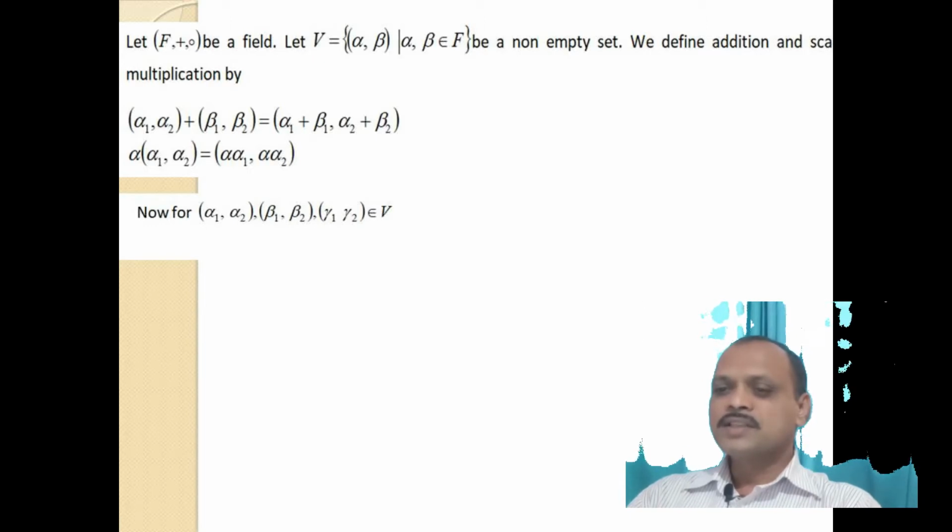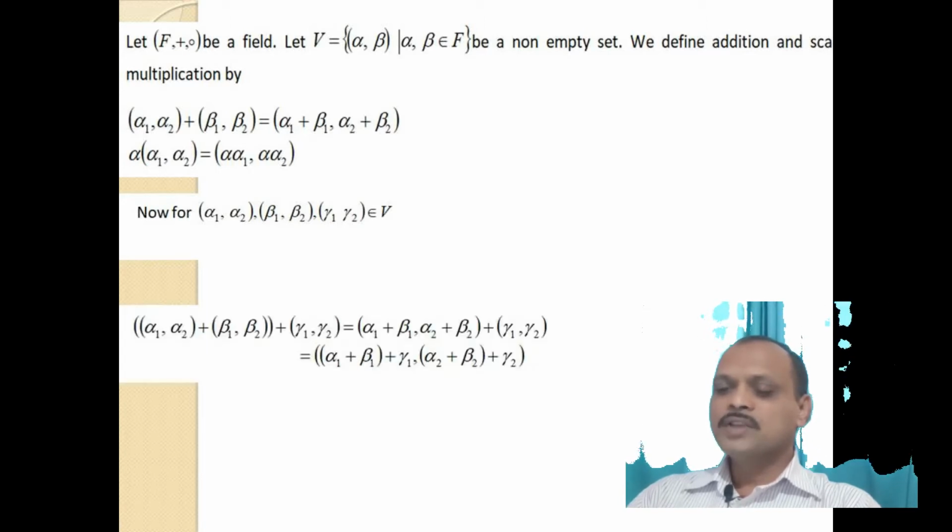Now consider three elements: alpha 1 comma alpha 2, beta 1 comma beta 2, and gamma 1 comma gamma 2. The first property, closure, is obvious, and we will see how to satisfy the associative property.